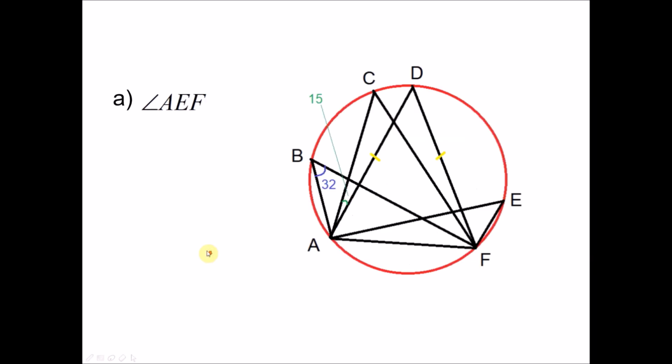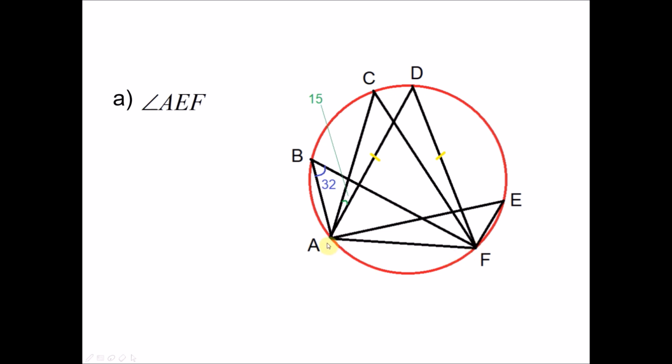So the first one, AEF. The angle is here. You can see that AEF is the angle at the circumference of a circle subtended by the arc AF, this arc here. So you ignore the other lines. You only look at AEF and this arc.